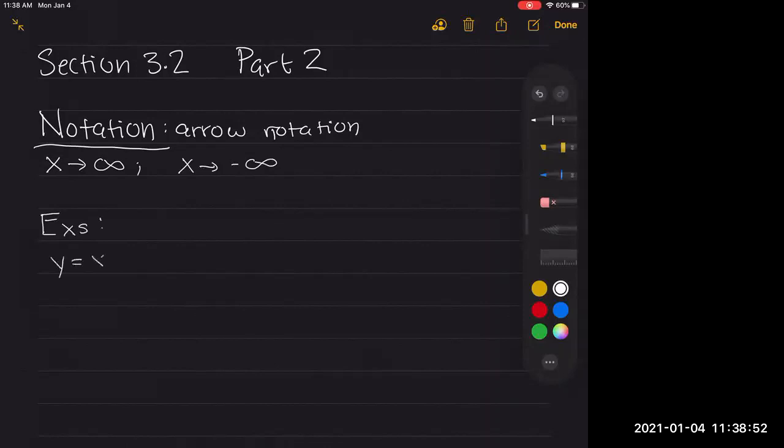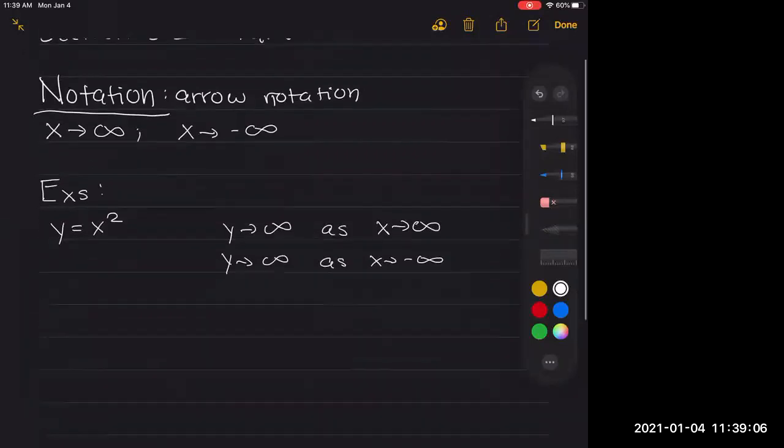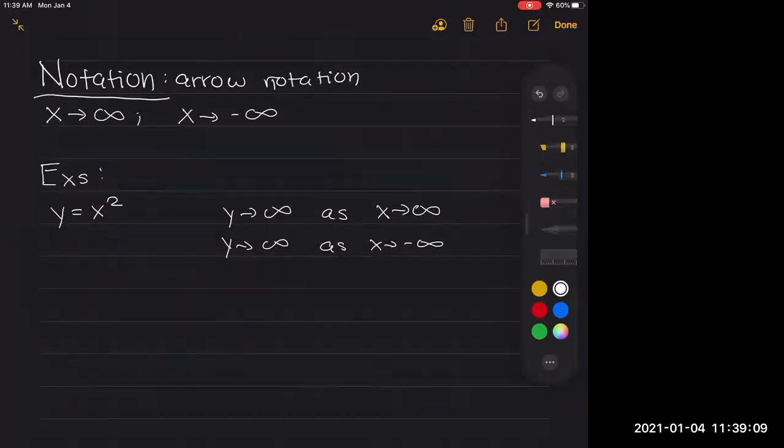For y equals x squared, y goes to infinity as x goes to infinity, and y goes to infinity as x goes to negative infinity. And then for y equals x cubed, y goes to infinity as x goes to infinity, and y goes to negative infinity as x goes to negative infinity.